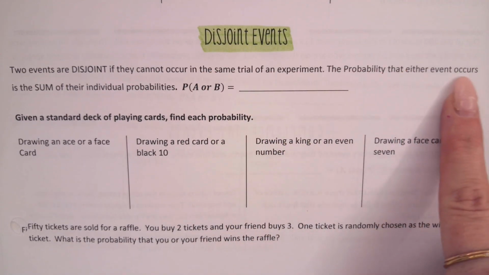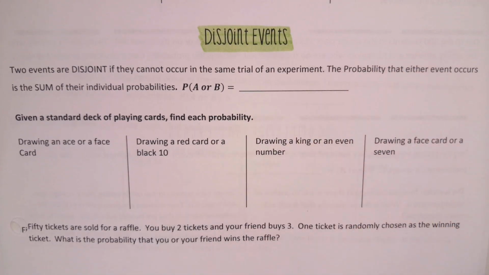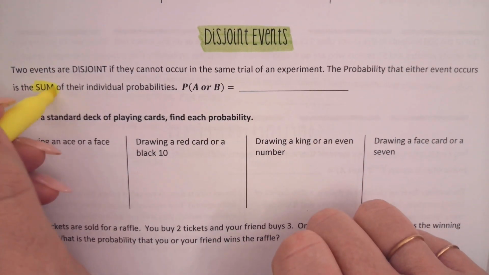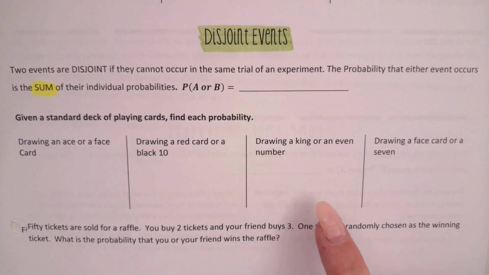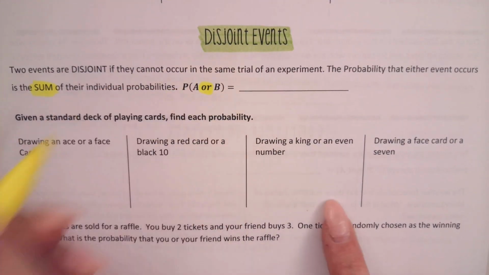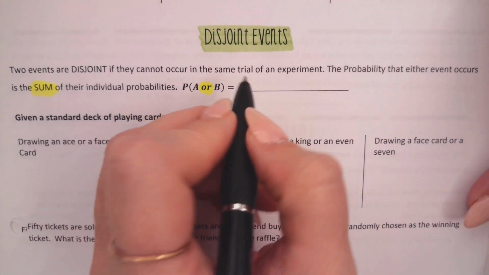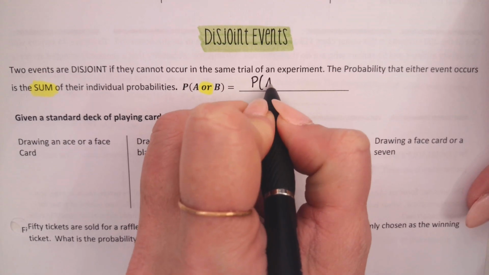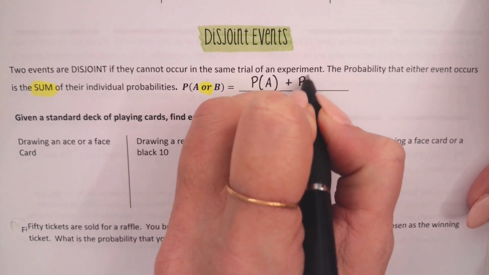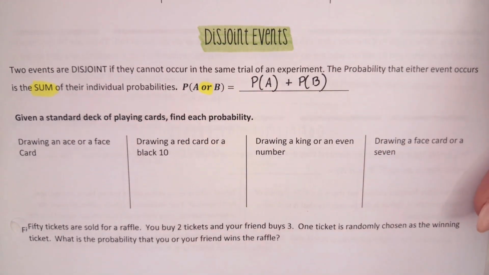So the probability that either event occurs is the sum of their individual probabilities. And you'll often see the word or on these probabilities, probability of A or B happening. Probability of A or B happening would be the probability of A plus the probability of B.